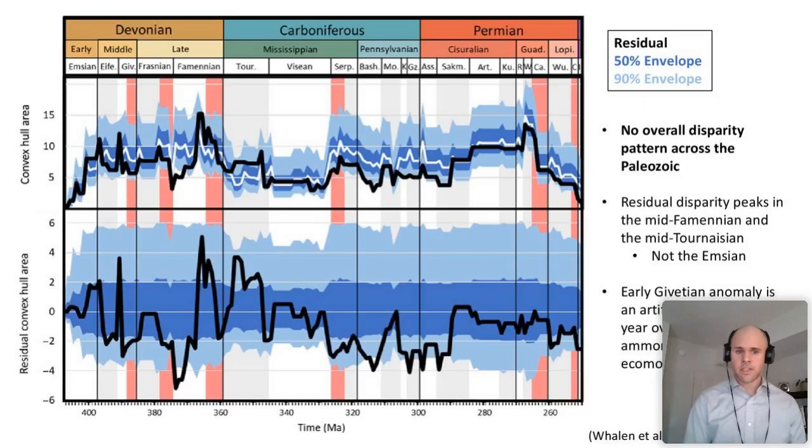You can see that our other high disparity is in the mid-Toarcian and late Toarcian and in the mid-Fezouata, notably not following the mass extinction. The mass extinctions here are in red. They're wide bars because this is taken from the Gradstein et al. older stratigraphic scale, and the mass extinction intervals aren't resolved quite as well.